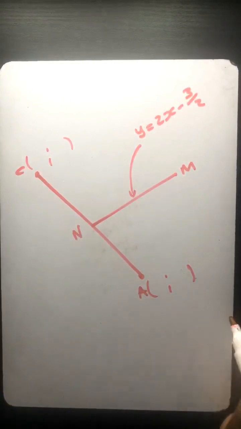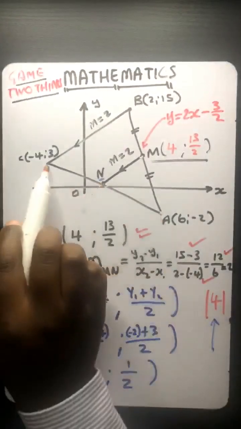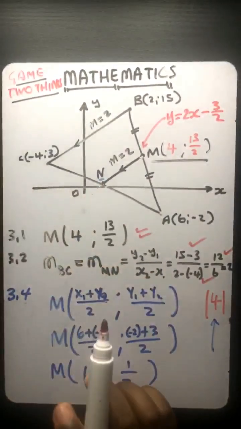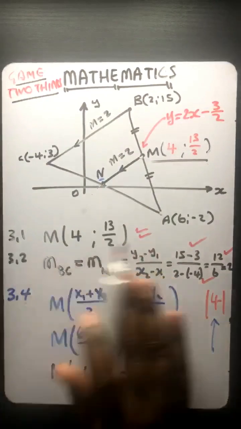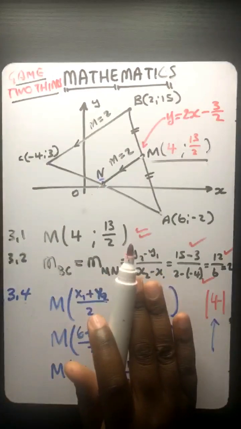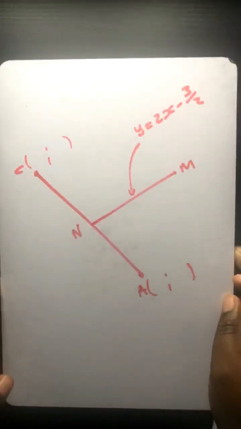Voiswa, let's say you don't know what the reason is to confirm for you that this is actually the midpoint of A and C. Let's assume you are not sure because they did not say. You are not sure because you don't have a reason. You can do it the long way.